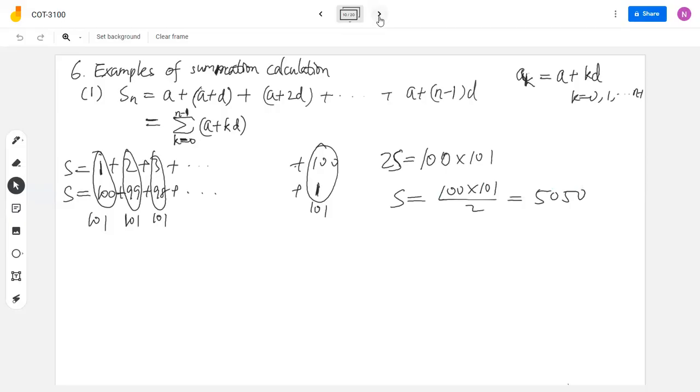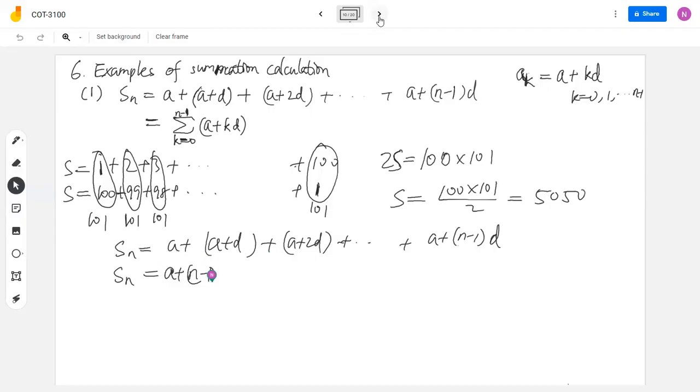We can use the same trick. S_n equals a plus (a plus d) plus (a plus 2d) and so on. The last term is a plus (n minus 1)d. And we write S again, but in backward order: a plus (n minus 1)d plus a plus (n minus 2)d, a plus (n minus 3)d, and so on.